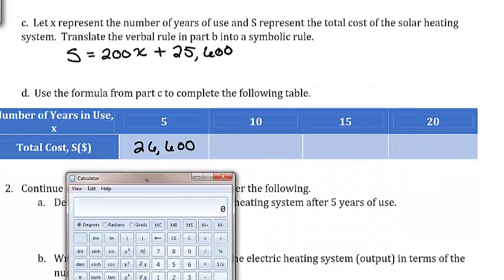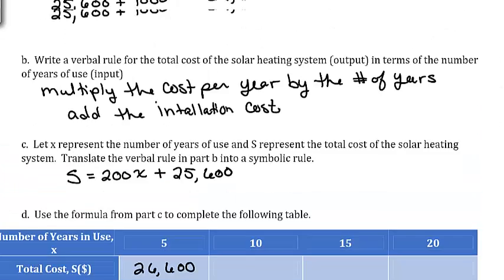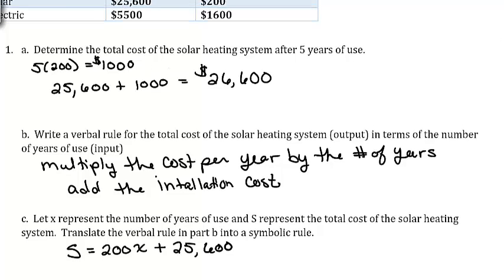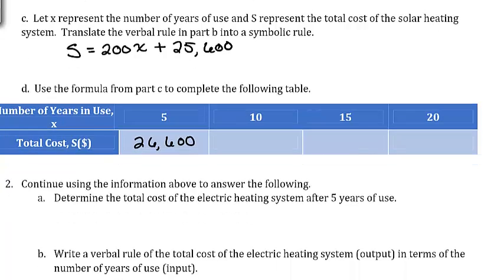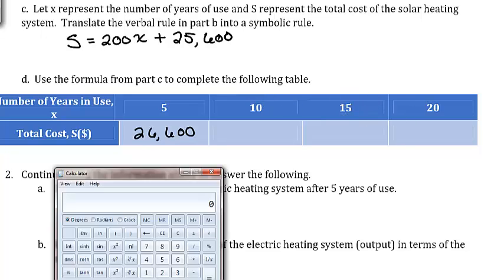There's a couple things that you might be able to fill this in a little bit faster, because if we go back up here and look at the cost per 5 years is $1,000. So what's going to end up happening here when I fill in my table, because this is going up every 5 years, so we went from 5 to 10 to 15 to 20, is every increment of 5 years is going to add on another $1,000, which is what we'll see, but I'll do the calculations on the calculator anyways.